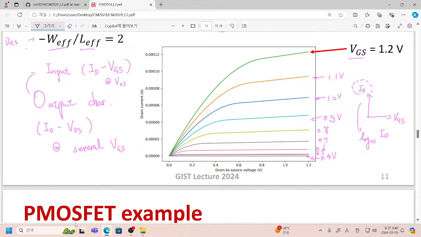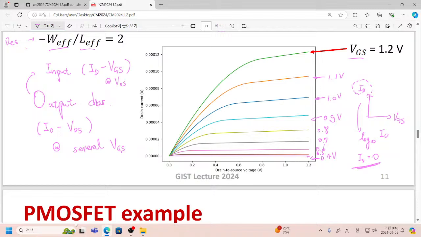However, in our level 1 model, if our gate voltage is below the threshold voltage, our drain current becomes identically zero, and you cannot take zero as an input of your logarithmic function.